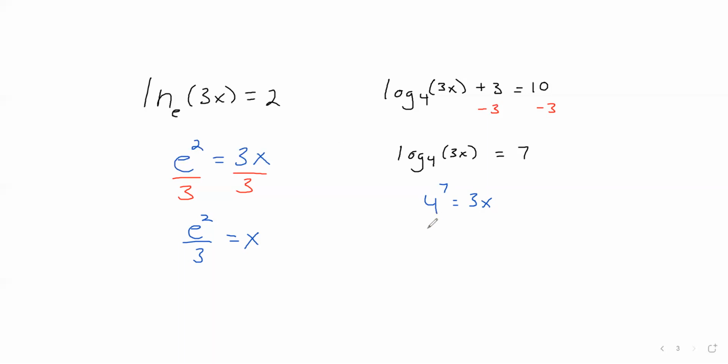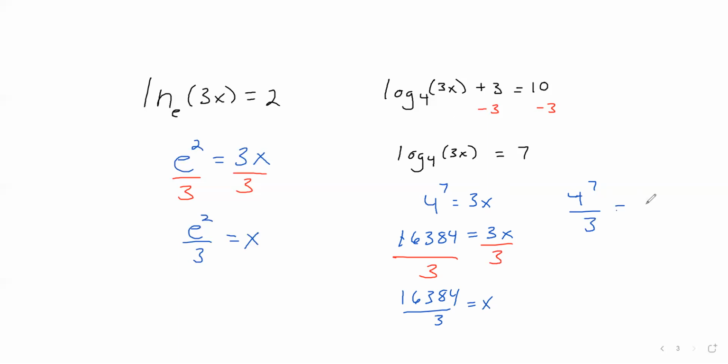So if you want, we can make this 16,384 equals 3x, which is not a pretty number, but we can divide and get 16,384 over 3 as a solution. Or if you prefer, you can just say 4 to the power 7 over 3, and that's an equally valid answer as well. That is more of a preference, or whatever your teacher tells you to do.